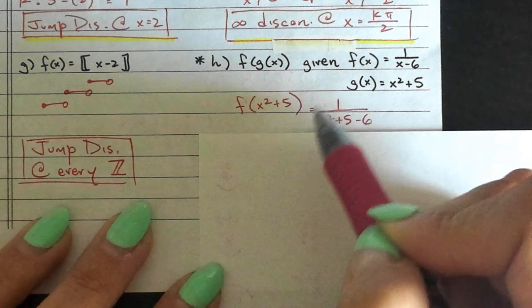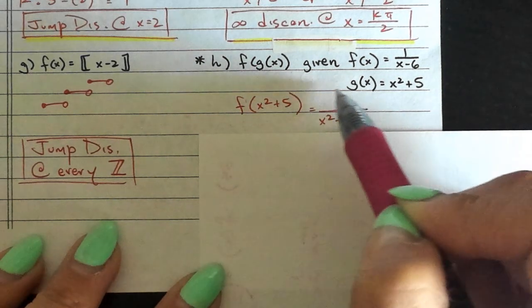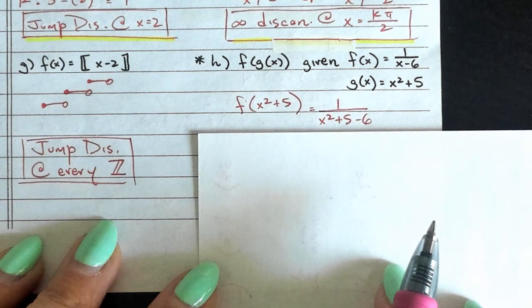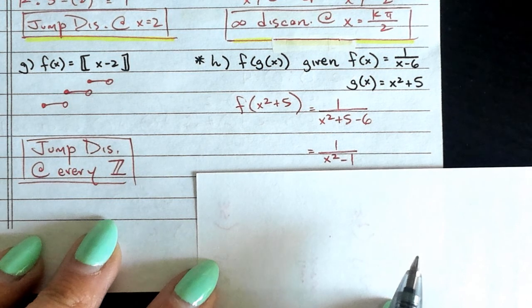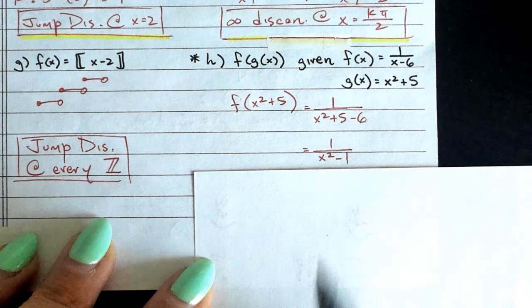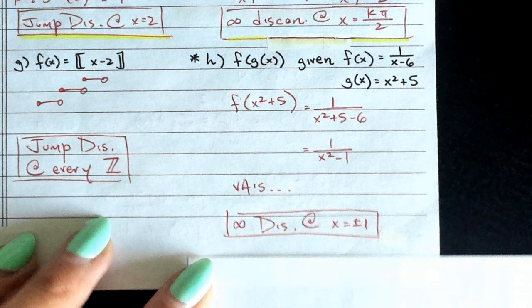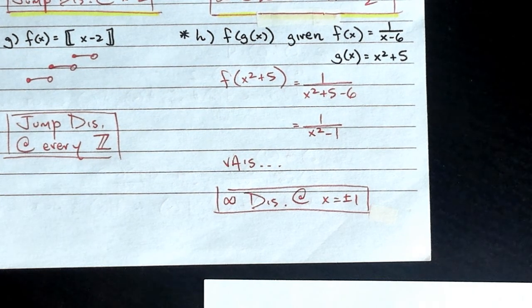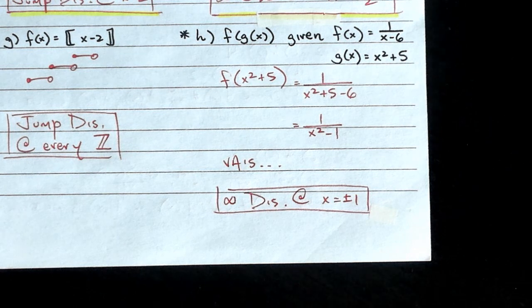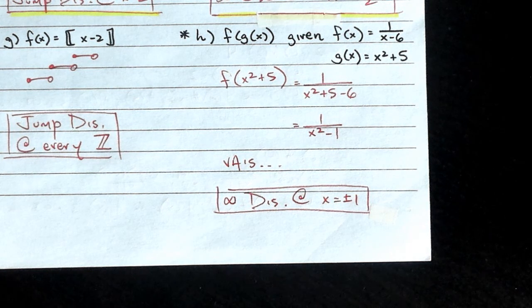So this is my function. I want to know where the discontinuities are. So look at the bottom. Go ahead and try to factor. Oh, actually, it's plus or minus 1. There you go. All right, so give it a try, and we'll talk tomorrow.